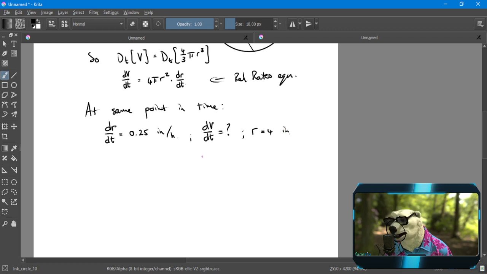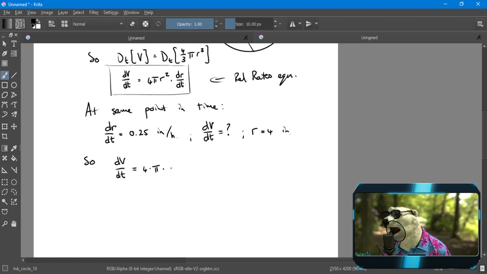And the radius at that moment in time is 4 inches. Now all the units are going to match, so I don't have to worry too much about that. When I look at my related rates equation, I see that I have information for everything except the one I'm looking for. So I already have the dV/dt that I'm looking for solved and isolated on the left. I can just plug in everything. 4 times pi times 4 squared times negative.